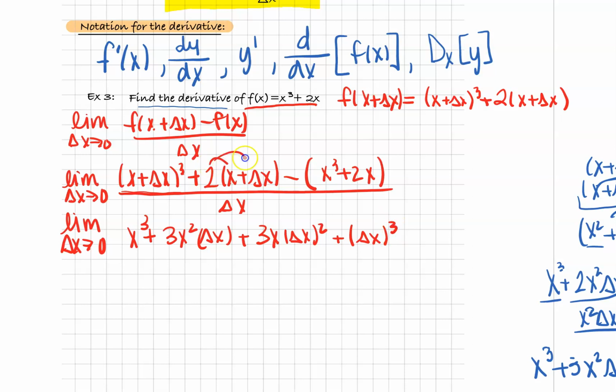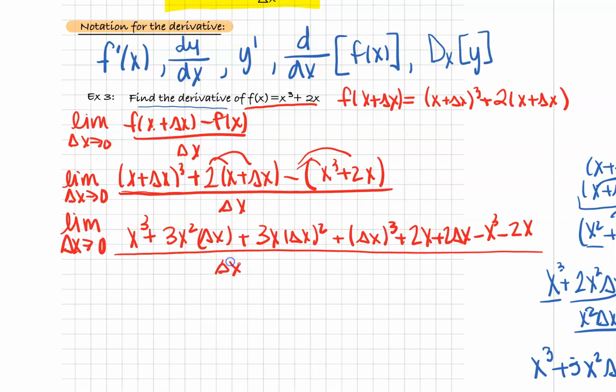Now I'm going to distribute this 2 into here, so plus 2x plus 2 delta x. I'm going to distribute this negative, minus x cubed minus 2x, all over delta x.